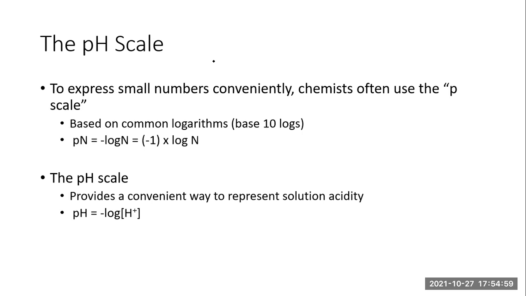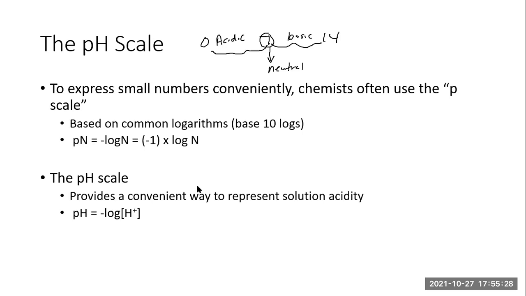So our pH scale goes from 0 to 7 to 14. Below 7 is acidic. Above 7 is basic. And dead on 7 there is technically neutral. And when we look at 7, 7 is sort of our middle point, if you will.